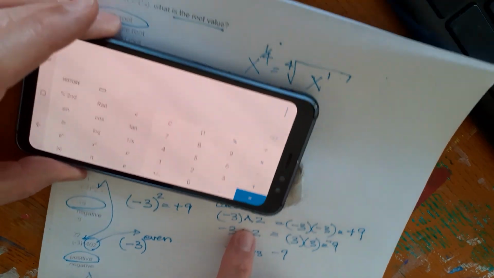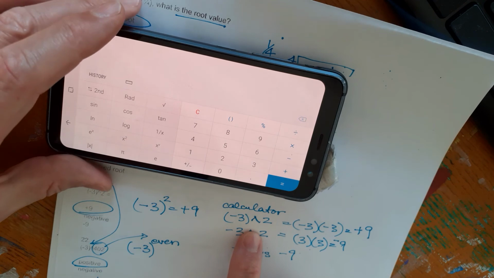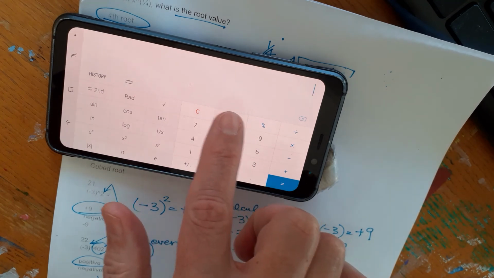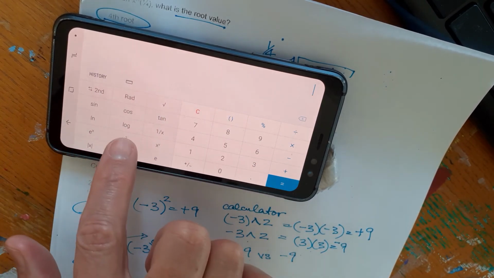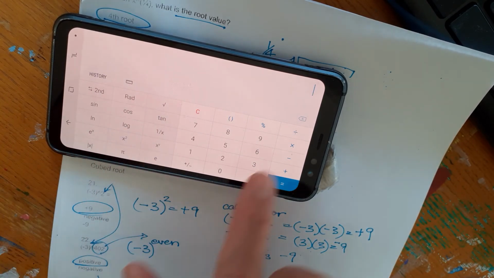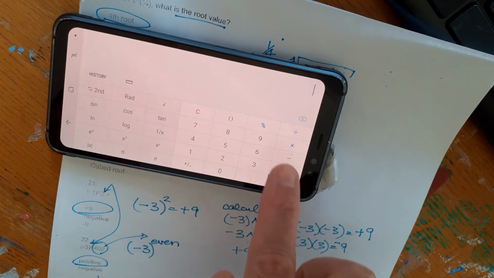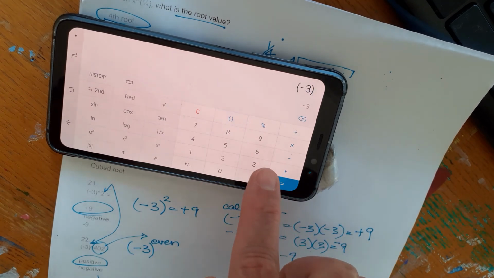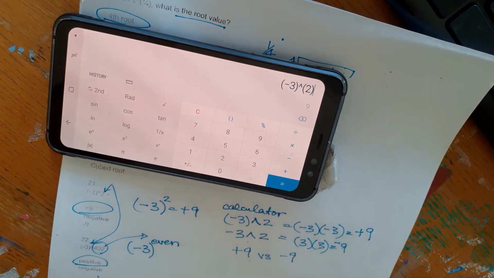So I've got negative 3 in parentheses to the power 2. So let's try that. Let's try here, x squared. Nothing happens. Let me try it again. 3 negative parentheses x squared. There we go.